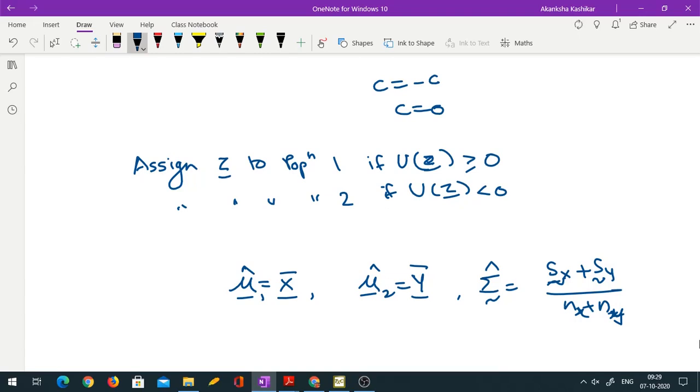So you can compute the sample Fisher discriminant function by replacing these. You can compute the sample squared Mahalanobis distance.